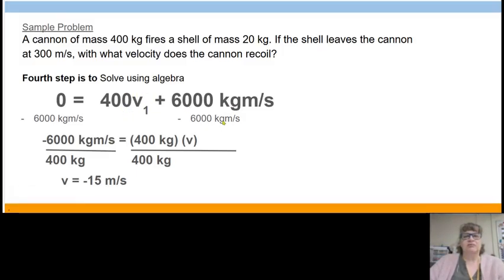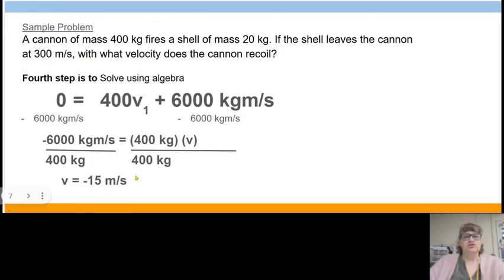So I'm going to subtract 6,000 on each side. That leaves me negative 6,000 on the left-hand side. Okay. And that's going to equal 400 kilograms times V. Then to get V by itself, again, divide by 400 on both sides. And you'll end up with V is negative 15 meters per second.